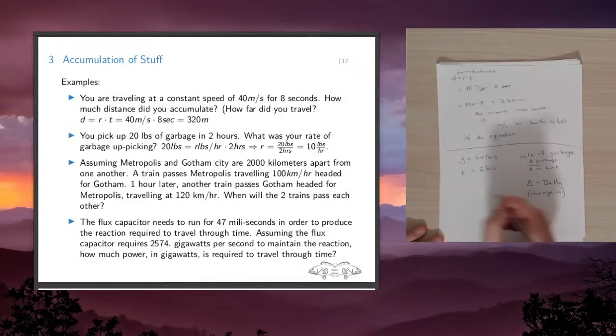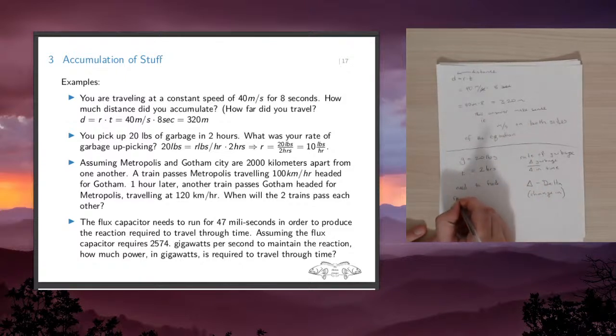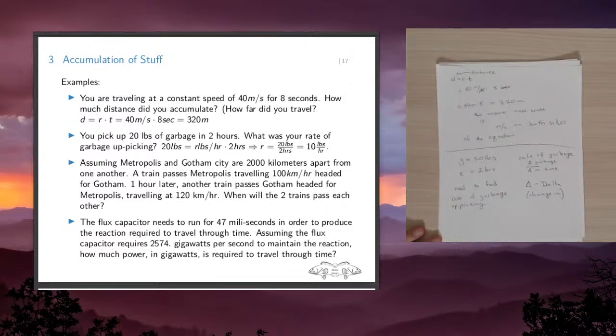So what we need to find is this rate. Let's call it the rate of garbage collection, or garbage picking up, I think is what I called it. I realize it's already on the slide, but it's nice to work through it and talk about it.